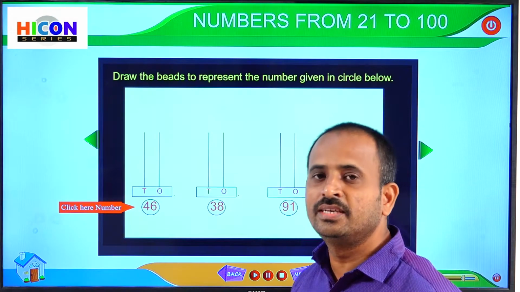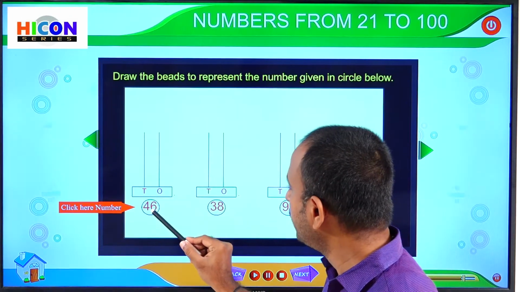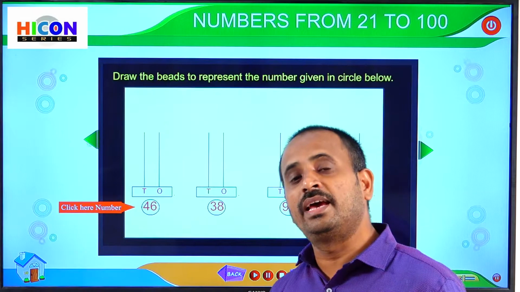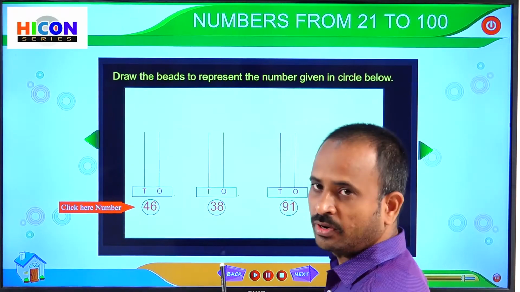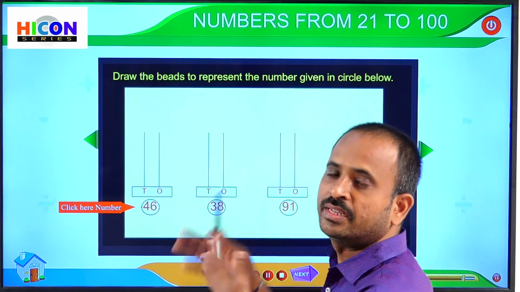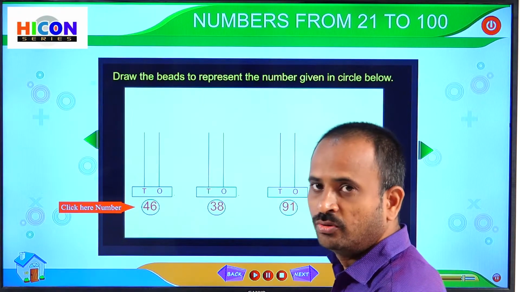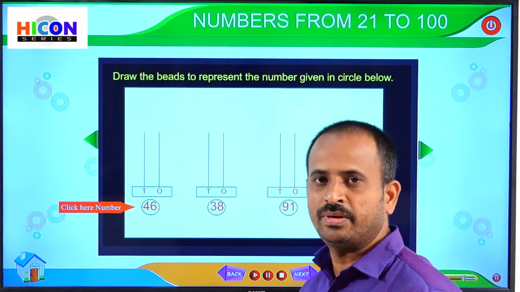Now our task is to draw the beads on each spike using that number. In the previous one, they had given beads and we wrote the number. In this part, they have given the number and now we have to draw the beads. That is the opposite way. Now let us see how to draw the beads on each spike of the abacus using the number.